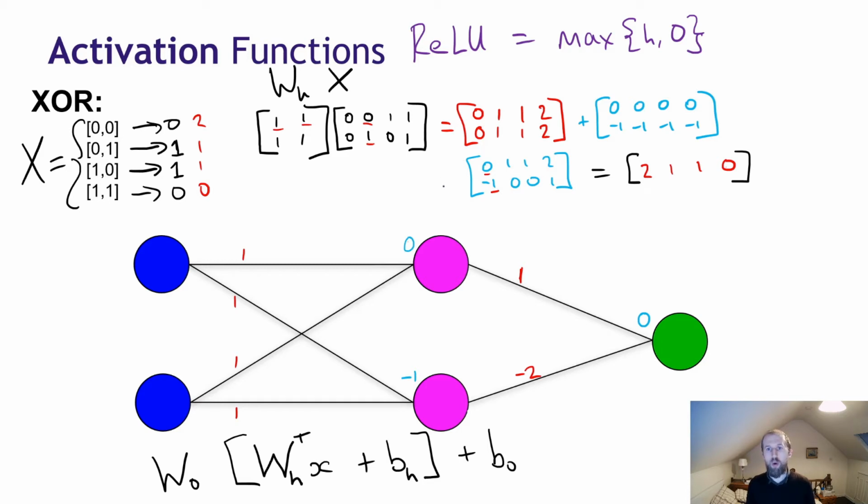So this is our h. You can see from all of these that we have only one negative thing. So that's the only thing we need to change here. We just pass it through this function.